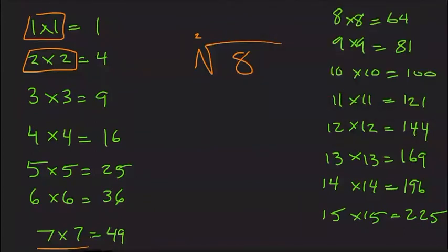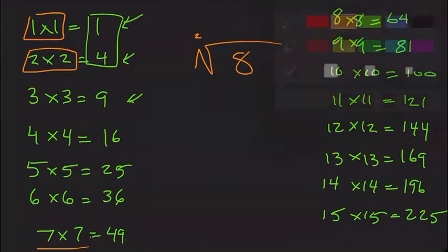If a number is going to be able to multiply into 8, it has to be either 8 or smaller. So we're really just looking at these two here. It can't be 9 because 9 is already bigger than 8. So it's going to be one of these. 1 can obviously go into 8, so we're really not that interested in 1 because 1 can go into any number, but 4 can also go into 8.